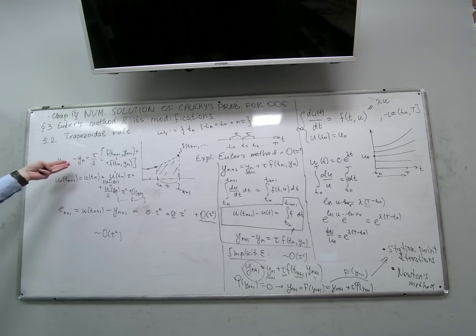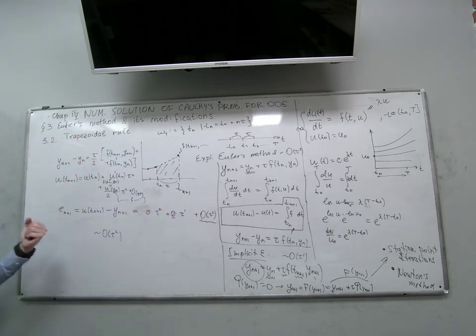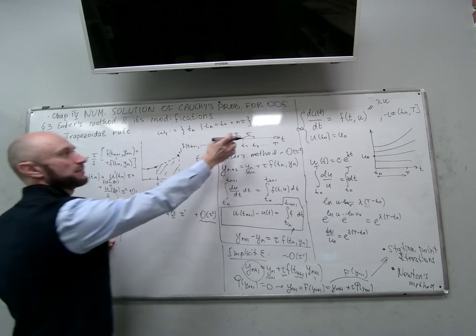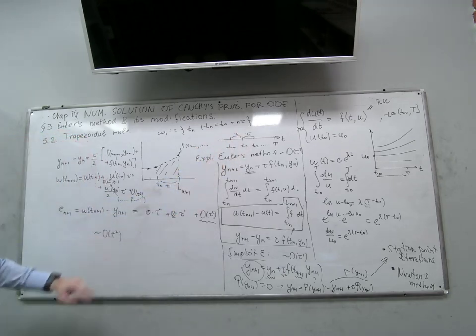So, this rule is better in terms of accuracy, because the smaller step we take, a twice smaller step, and we get how many times better solution? If we reduce our time step tau by a factor of 2, what's going to be? 4?